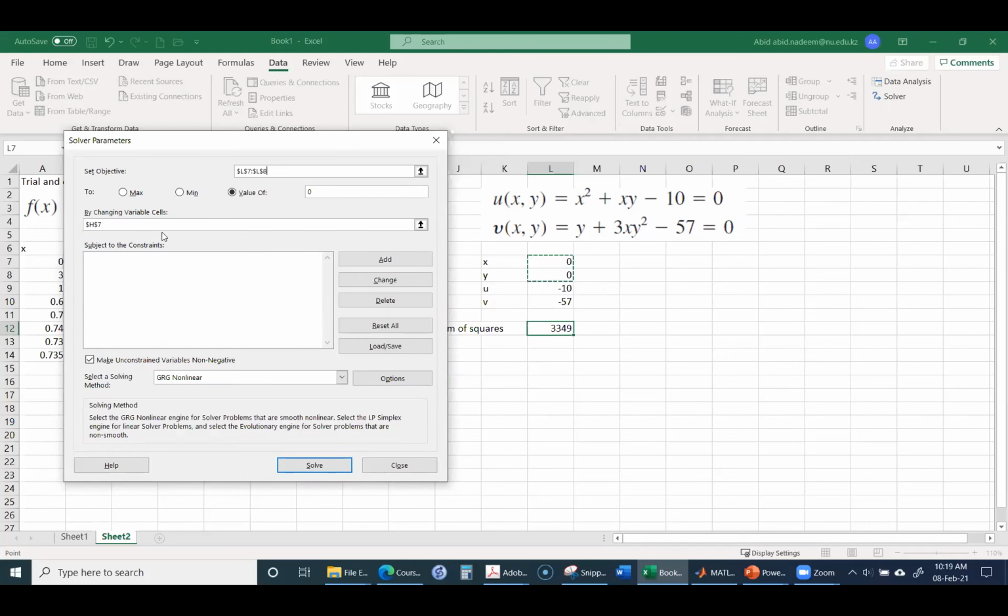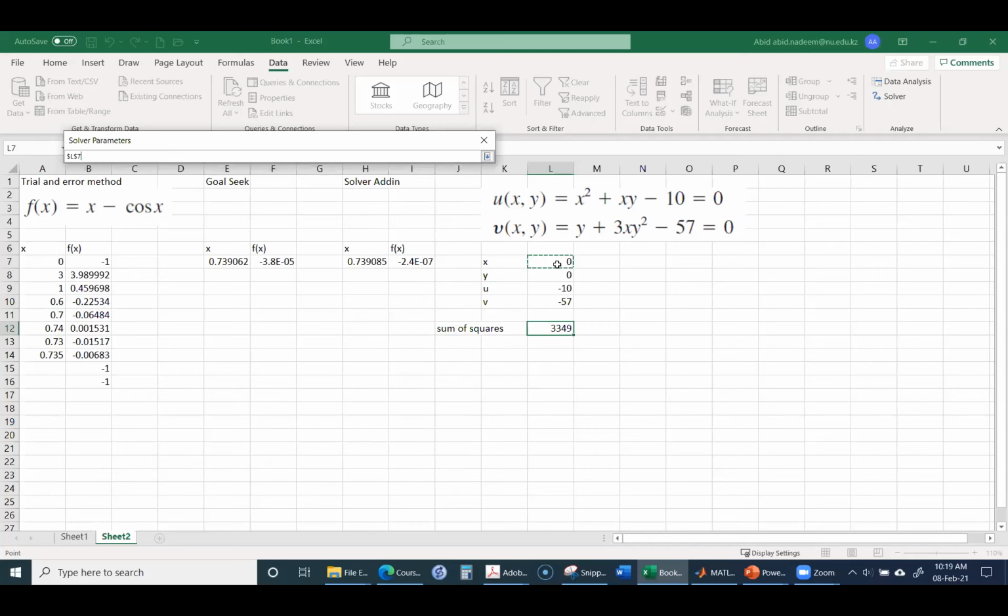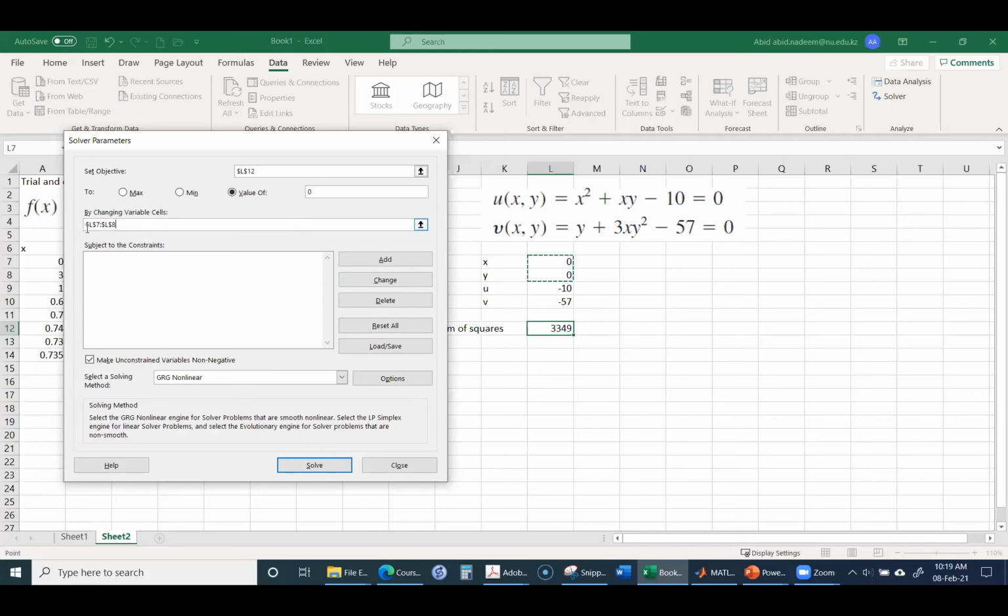So the objective is set as L12, to a value of 0, by changing the cells x and y, L7 and L8.